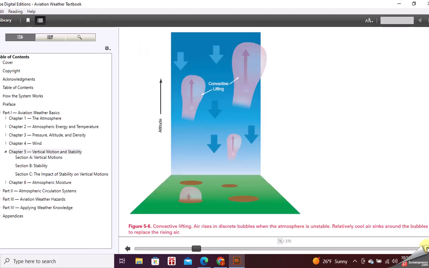Convection is another form of lifting. If you've ever flown through a cumulus cloud, just a little one, I can remember flying into Orlando, and it's been a number of years now. And there were a whole bunch of little cumulus developing, and basically there were going to be thunderstorms that afternoon. This was early, mid-morning. The cumulus was probably no higher than 8,000 to 9,000 feet.